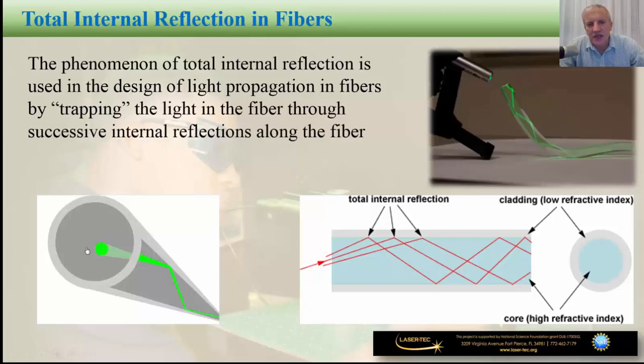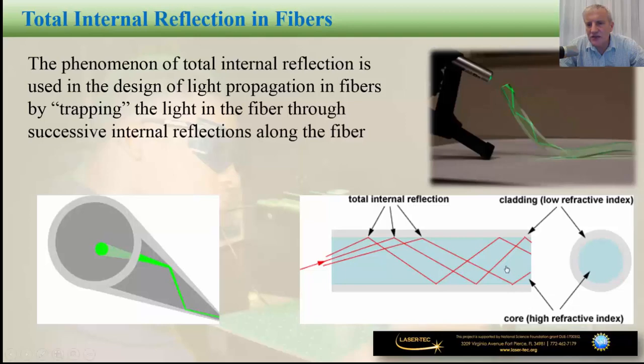The optical cable is made of a so-called core, which is this inner cylinder, and another layer of glass of a different index of refraction. In light blue you can see the core of the optical fiber, and in gray the outer layer, the so-called cladding. These two parts have different indices of refraction.